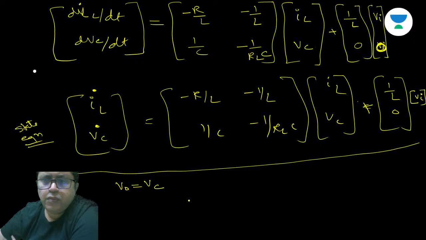So output equation will be, state variable matrix is IL and VC. So this is output equation: V equal to VC.